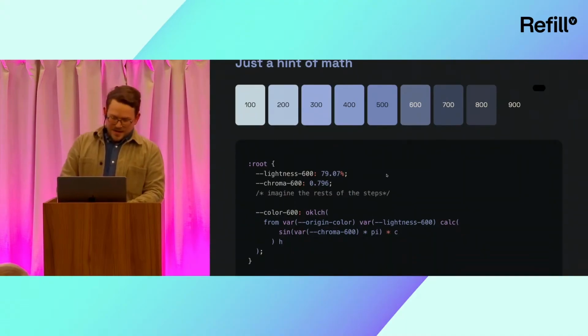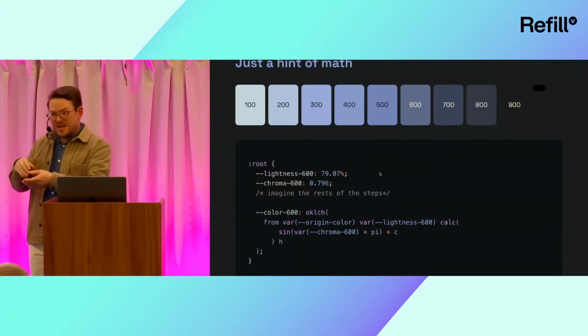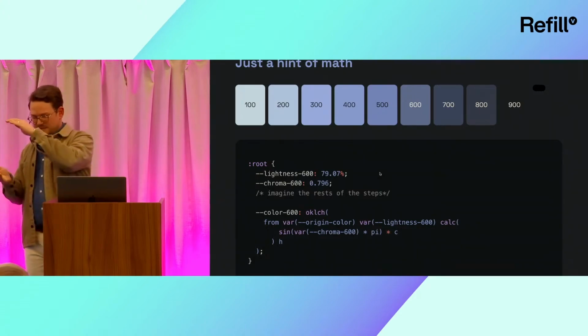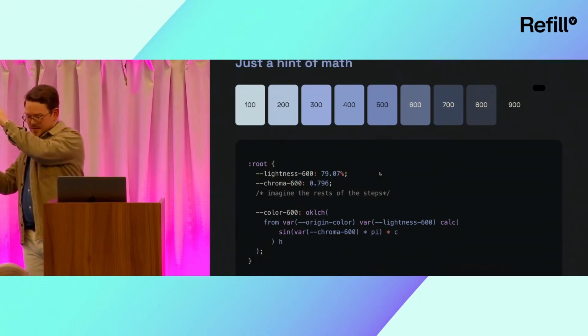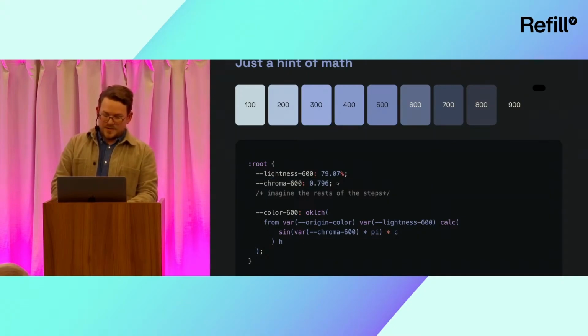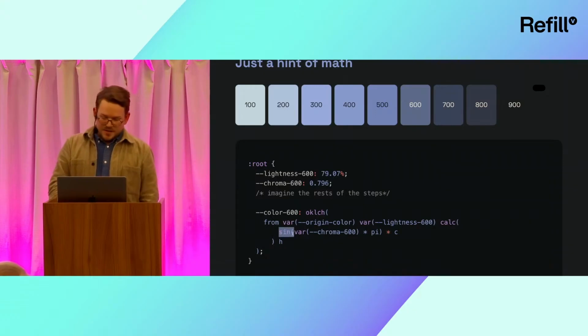So instead of having to define a chroma scale for each and every set of palette steps, so if you want a scale for green and a scale for red and a scale for pink or yellow, instead we could have some math like this sine function, which takes in a number and multiplies by pi.